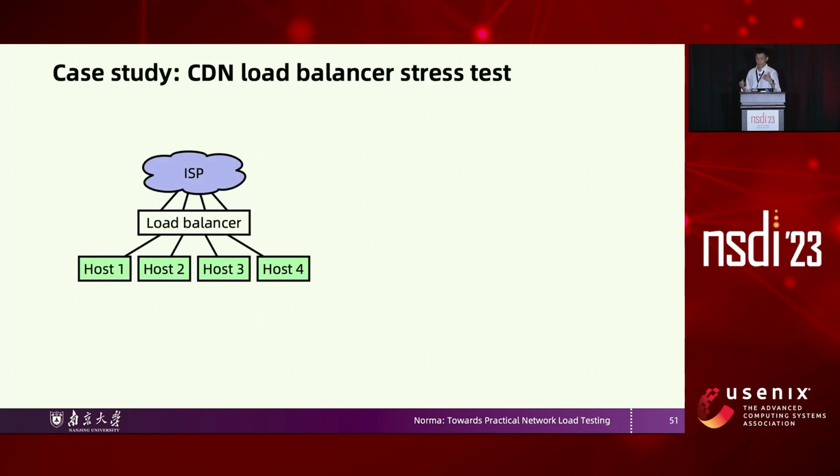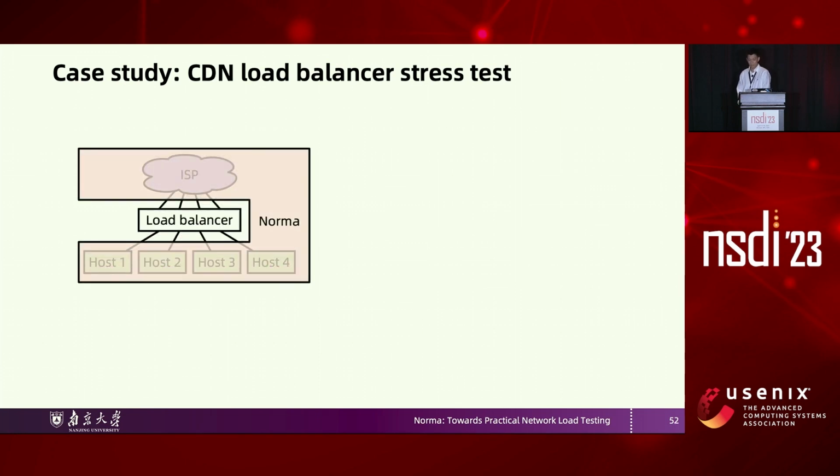Norma has been used to test pre-online devices for over 2 years in Alibaba, and we present one real usage, testing a load balancer in our CDN system. In our testbed, it connects to the ISP network and 4 backend services with four 100 gigabit links.